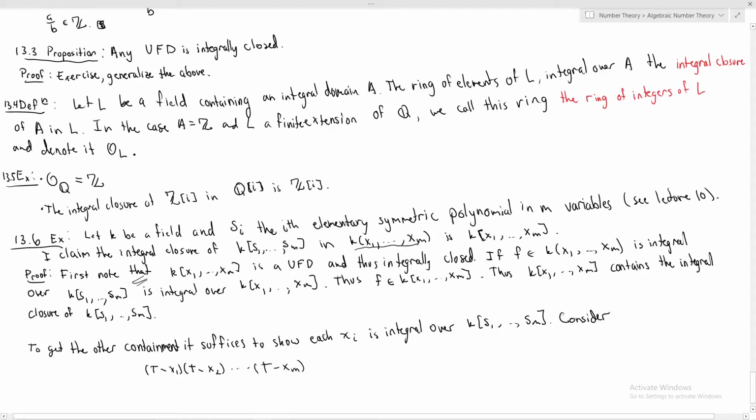If you expand this out, you'll see that the coefficients are exactly the elementary symmetric polynomials, maybe up to sign. This has xi as a root, and the coefficients are symmetric polynomials.